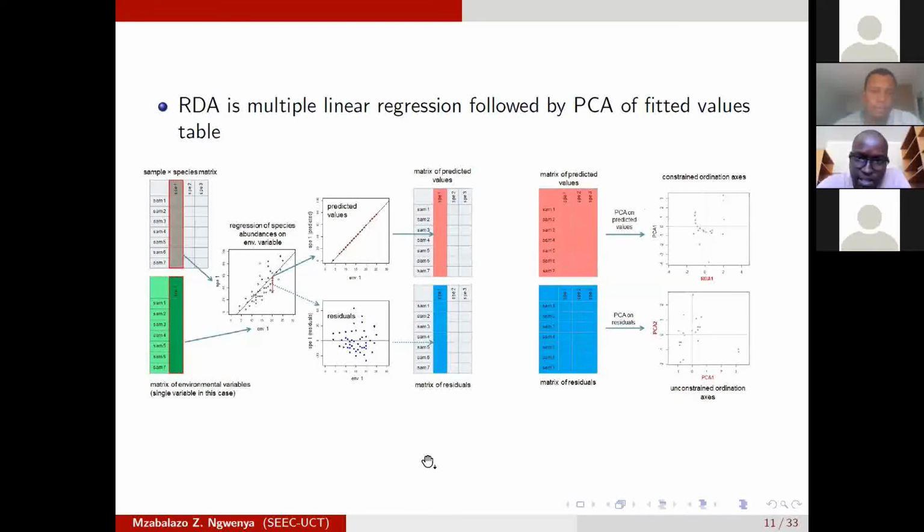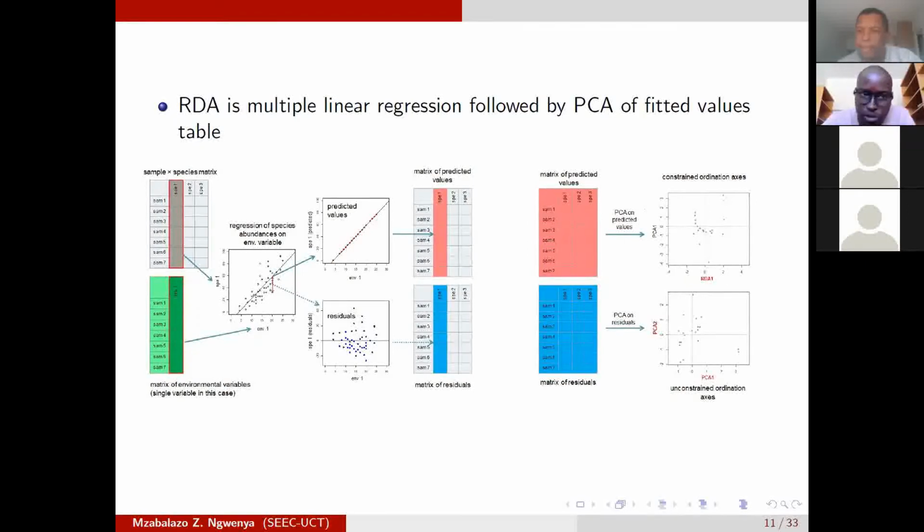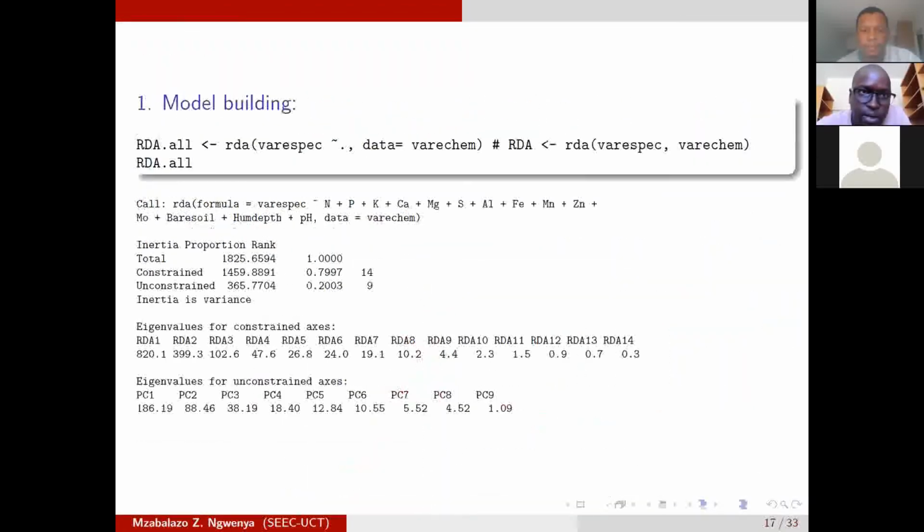Yes, I should have mentioned things I didn't touch on, which were issues of transformations. First of all, if your sample species matrix has some very rare species, you want to perform some kind of transformation before you perform the ordination. I think Wisconsin double standardization is one of the more common ones. I also didn't touch on the issue of collinearity. There is a function to perform a collinearity test on your fitted ordination model.